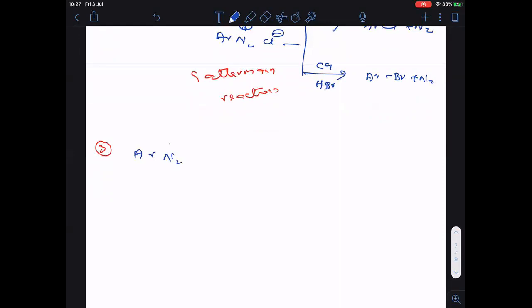Okay, so see clearly, benzene diazonium chloride reacting with KI, potassium iodide.